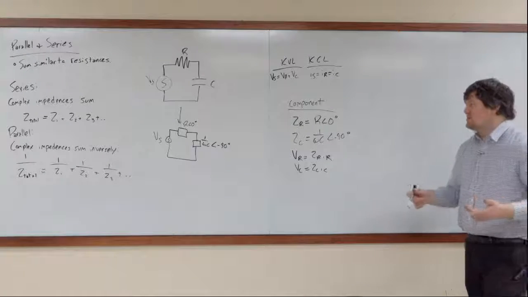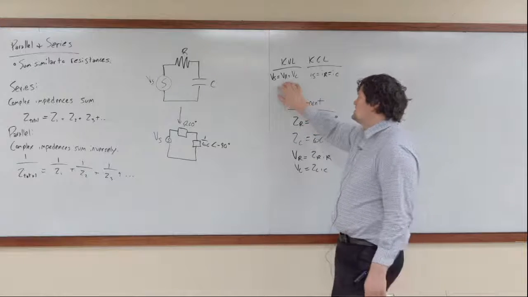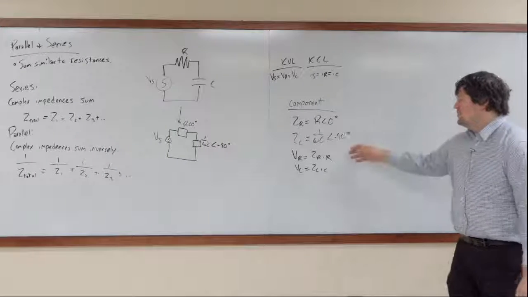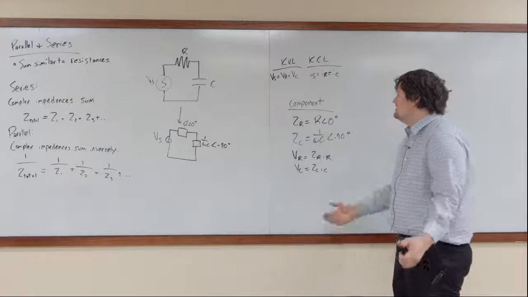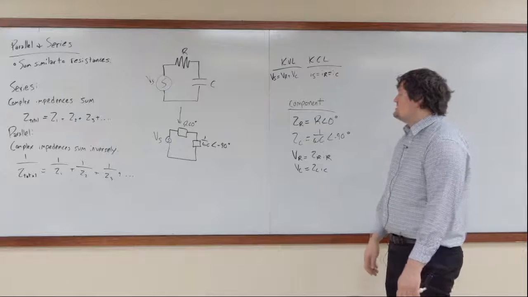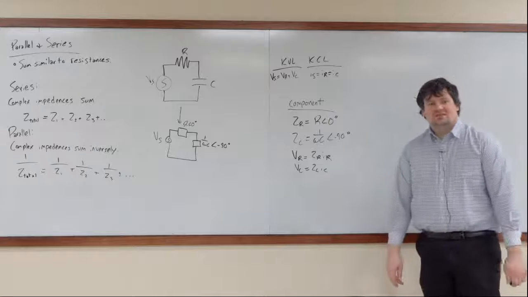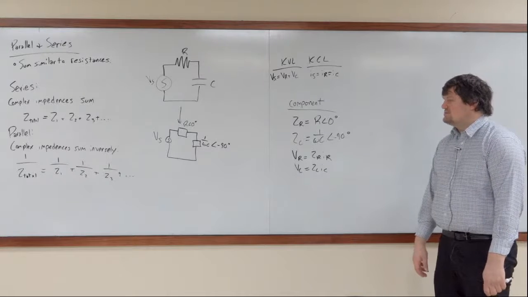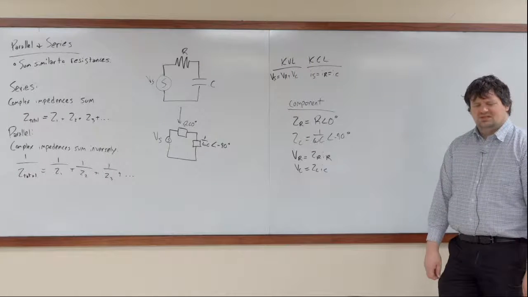what we need to do now is come up with a system equation. Here we have this equation, VR plus VC. We see that because these add and everything adds, well done, KVL.